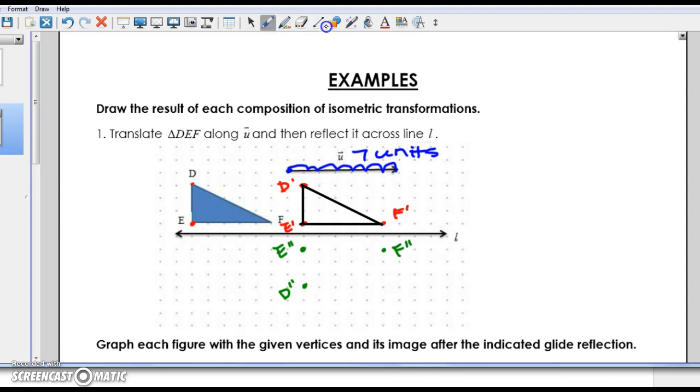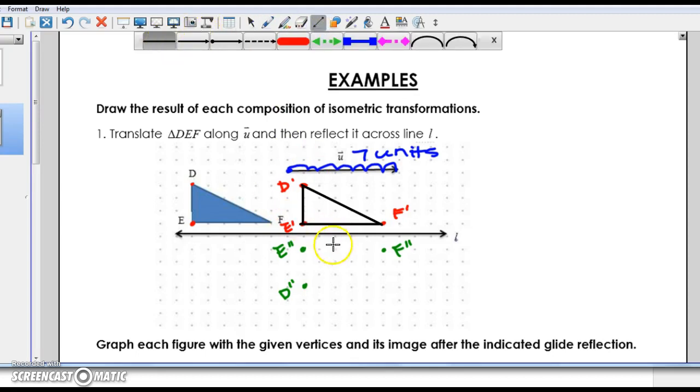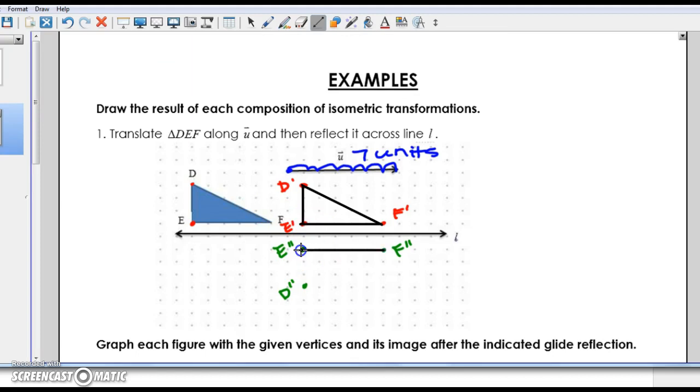And then I will grab my ruler again, which for me is my handy line tool here, and I will graph my final image, which is triangle D double prime, E double prime, F double prime. So do the transformations in the order that they're given to you. First we translated to get D prime, E prime, and F prime, and then we took that image and reflected to get D double prime, E double prime, and F double prime.